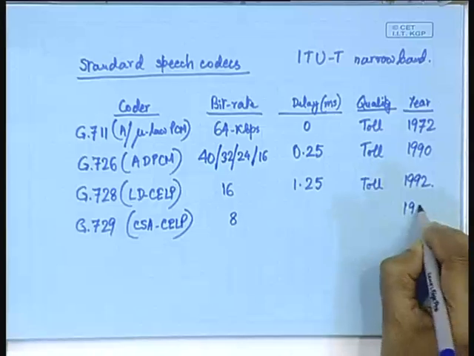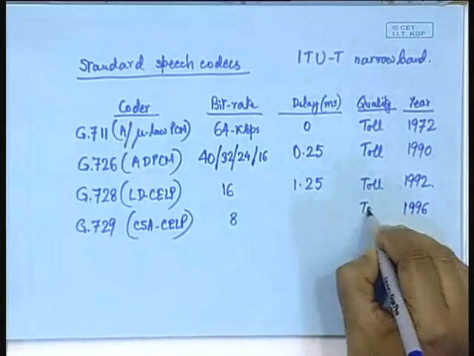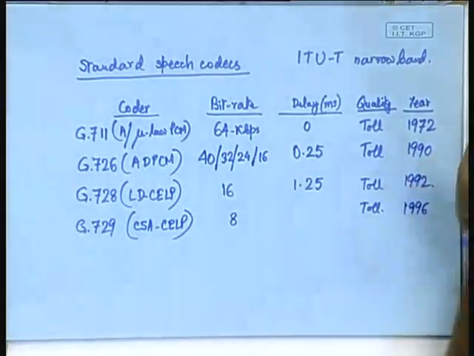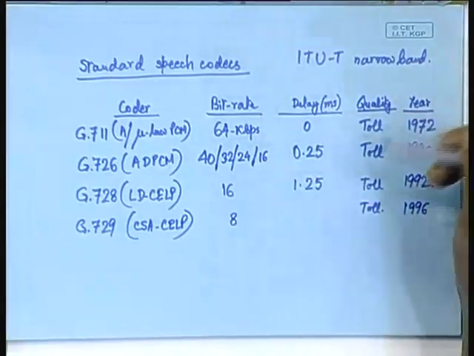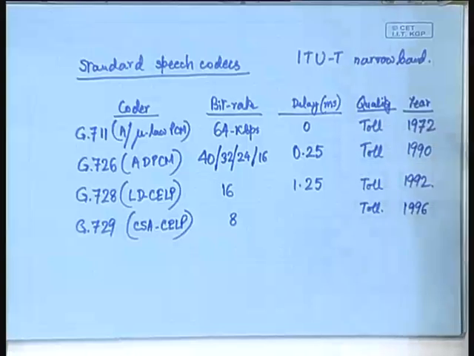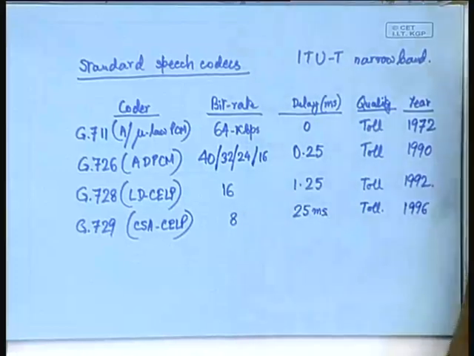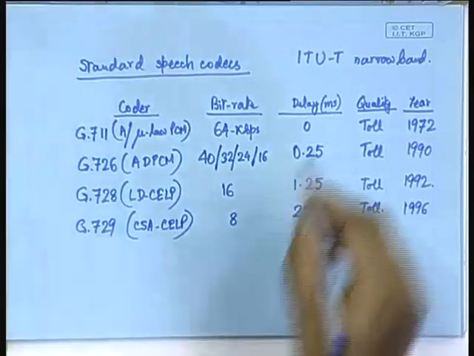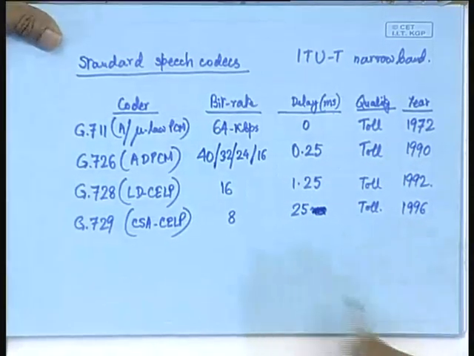This was adopted in 1996, and this also gives toll quality, but in order to make it work at 8 kilobits per second, which is a substantial reduction in bit rate, 8 times as compared to the original PCM, on the bad side of it, it incurs a delay of 25 milliseconds. Of course, I did not write milliseconds, because all the delays that I am talking of are referred to in milliseconds. So, it is 25 milliseconds for that.